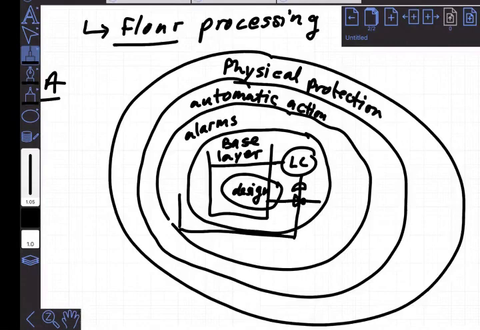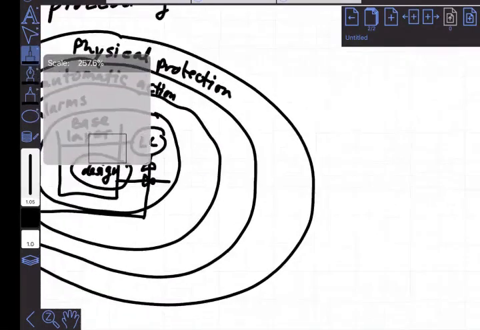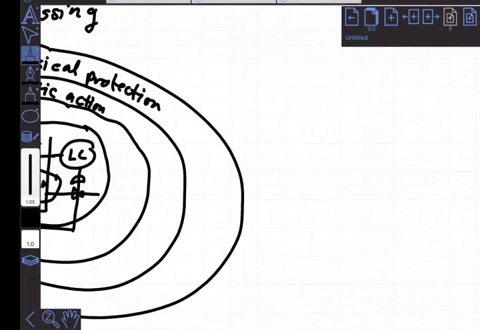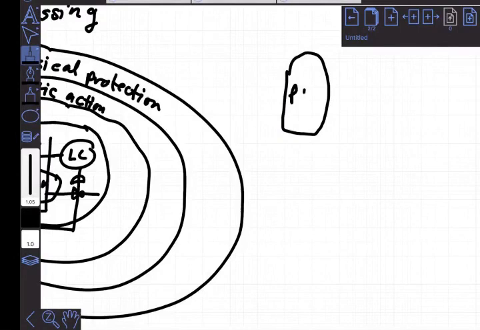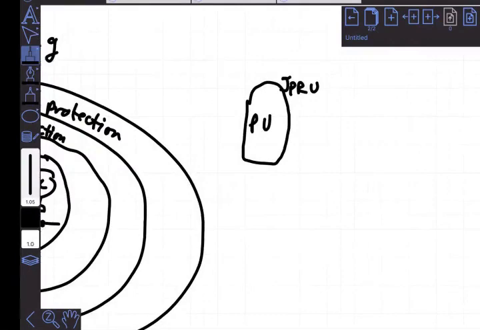And physical protection, for instance, just to give a different example from the tank, would be something like fitting a pressure vessel with what is known as a PRV, or a pressure release valve. And so these take the form of typically what is called a bursting disc.